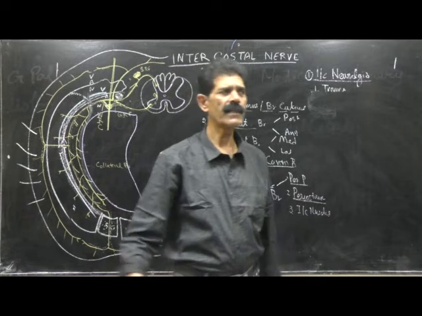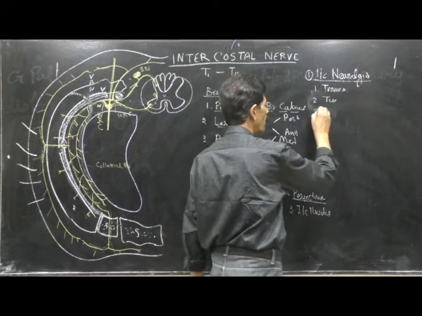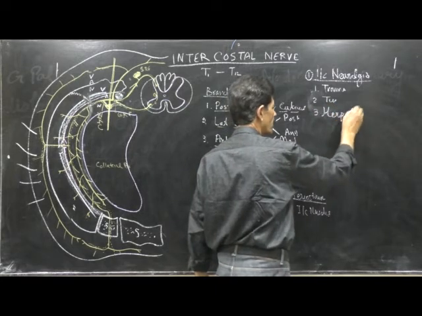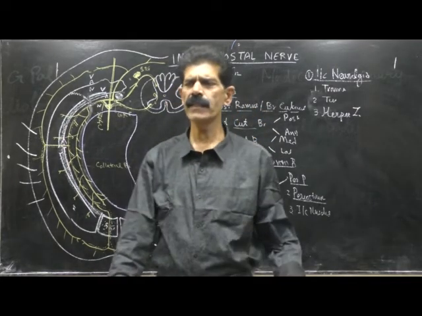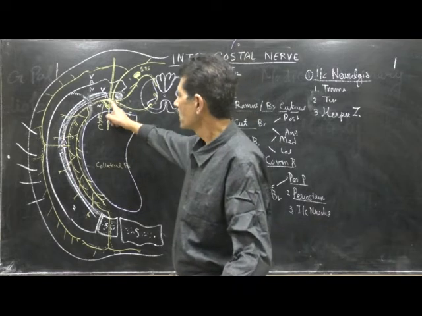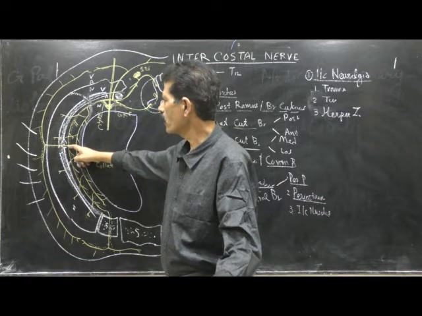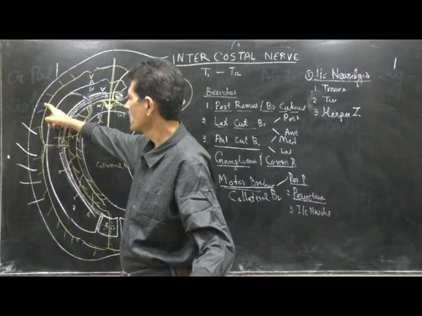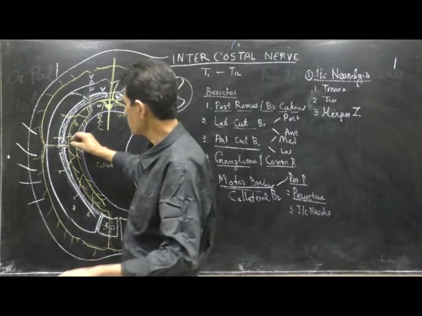Intercostal neuralgia may be due to trauma, a tumor, or a viral infection called herpes. Herpes zoster infection is also seen in the rainy days. In this viral infection, the virus travels along the intercostal nerve and goes along the cutaneous or sensory branches, and it reaches the skin.